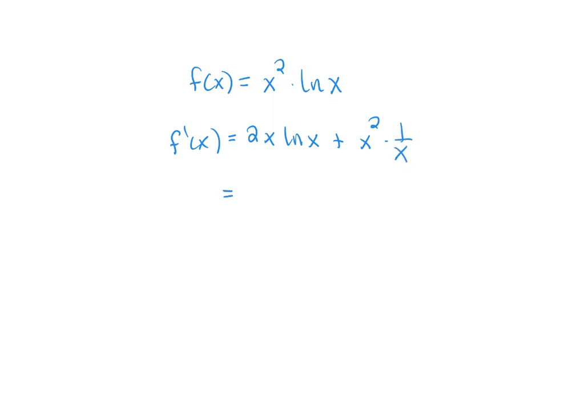And I can simplify that. 2x ln x plus just x. And then I'm setting this equal to 0 and solving for x. So I have two terms that both have an x. So I'm going to factor an x out in front.